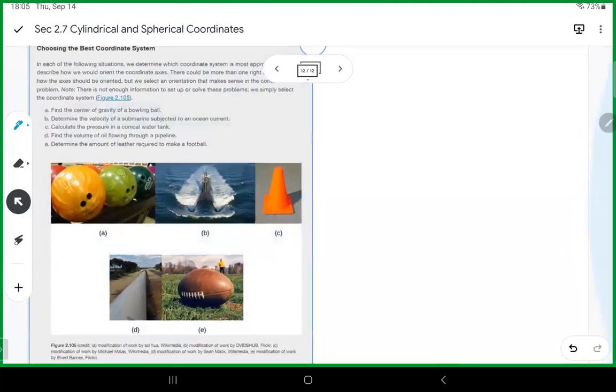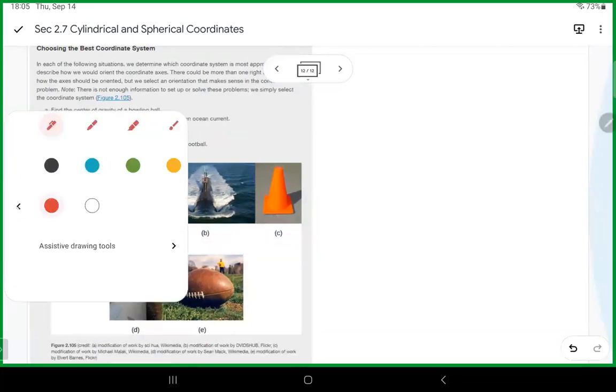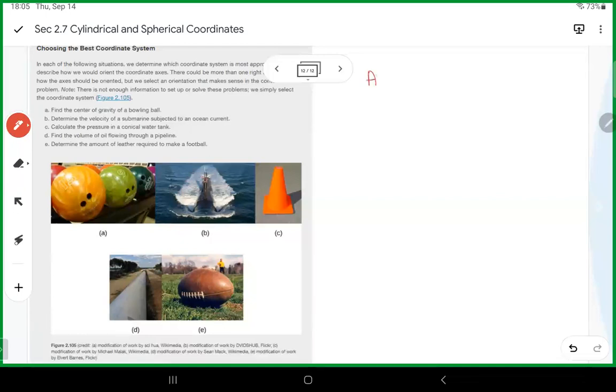So for A, it says find the center of gravity of a bowling ball. So we obviously know that a bowling ball is what? A bowling ball is what? It is a ball, therefore it is a sphere. So we would go with, yes, a spherical coordinate system.